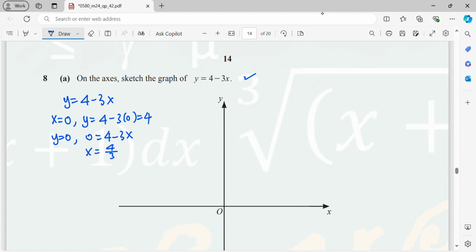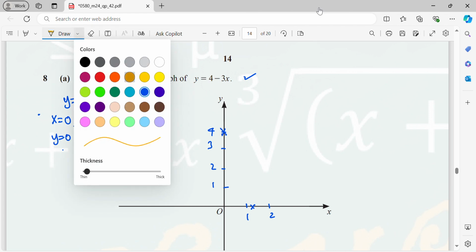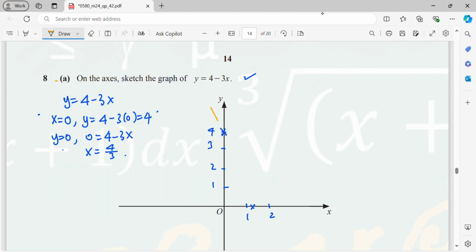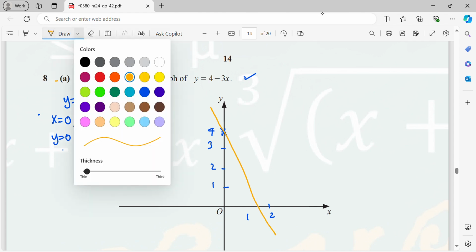Okay, so now let's say here 1, 2. Here 1, 2, 3, 4. When x is 0, y is 4. That's the point. When x is 4 over 3, y is 0. 4 over 3 is 1 and 1/3. So probably it's here. Now you just need to join these 2 points to get a straight line. You need to join them using a ruler. Probably my drawing is not accurate.